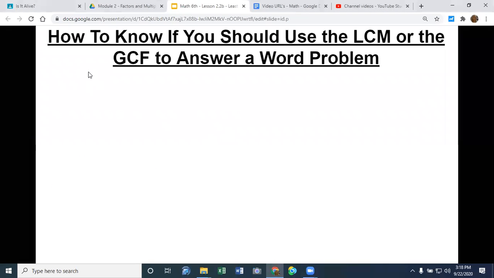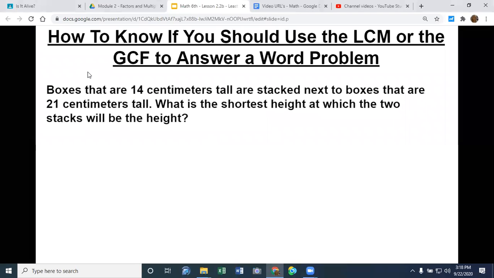Try another one. Boxes that are 14 centimeters tall are stacked next to boxes that are 21 centimeters tall. What is the shortest height at which the 2 stacks will be the same height?